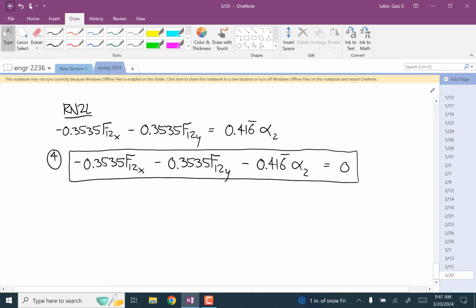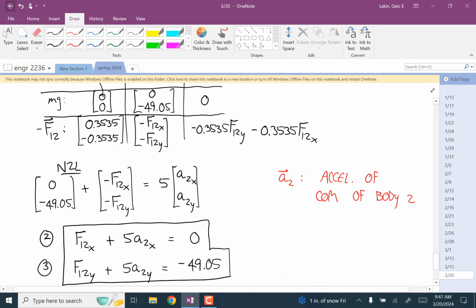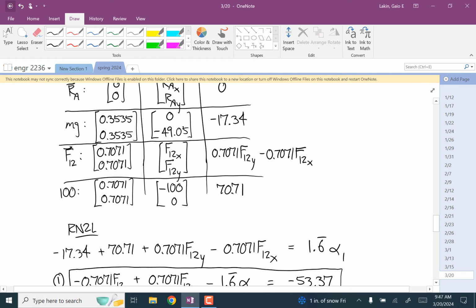Okay, so we have 4 equations. Now we're done with Newton's laws. How many variables do we have?